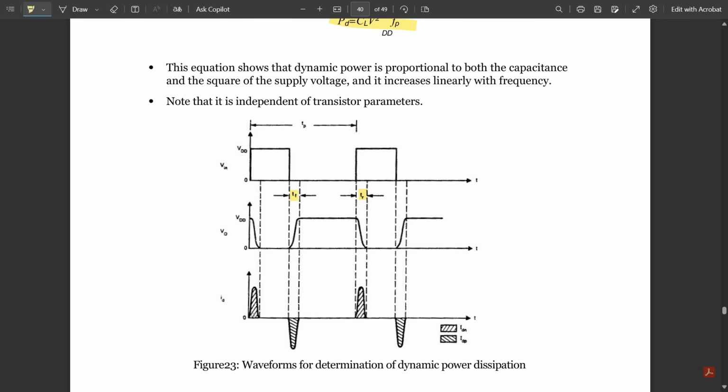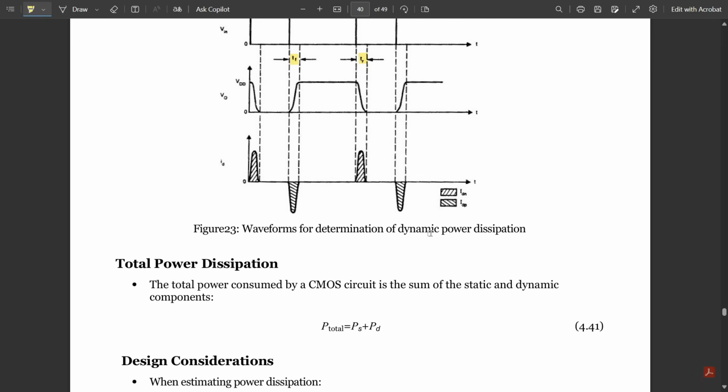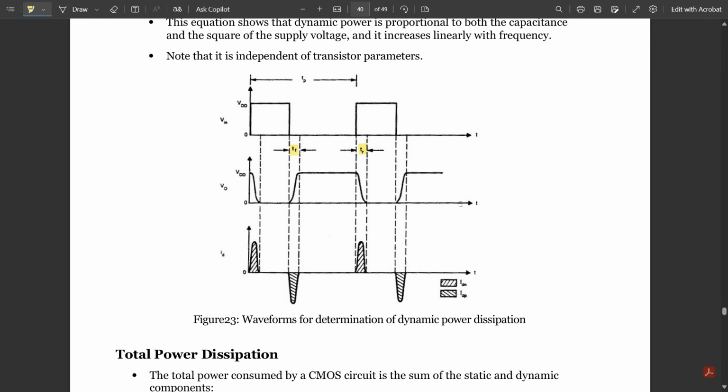And this is the waveform for the dynamic power dissipation, with respect to the change in the logic. Firstly it was low, then it changes from low to high, and from VDD it falls down to 0. Then it is constant, and it changes accordingly.